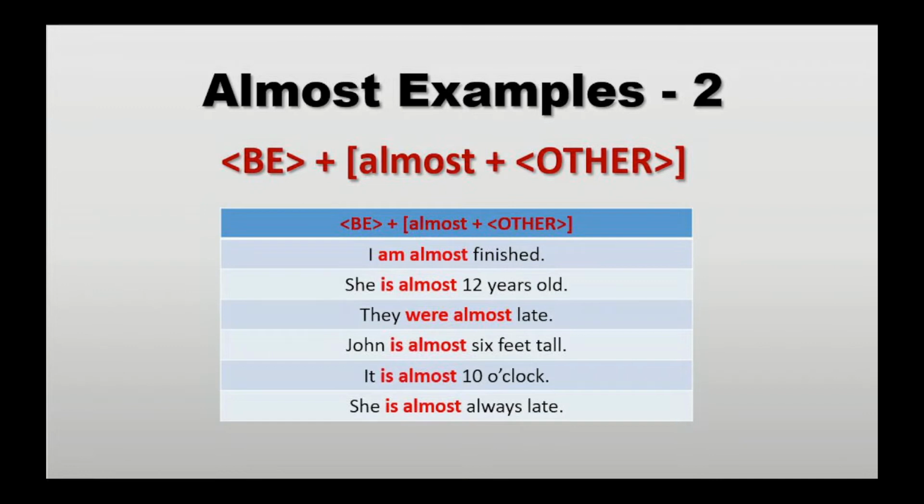I am almost finished. She is almost 12 years old. They were almost late. John is almost 6 feet tall.